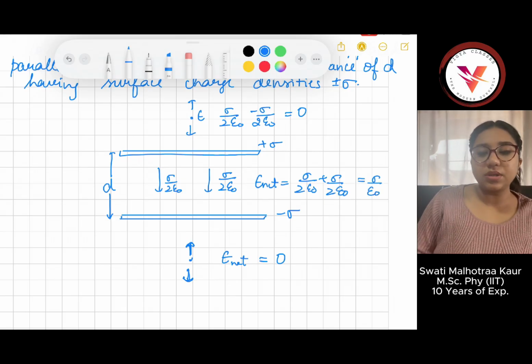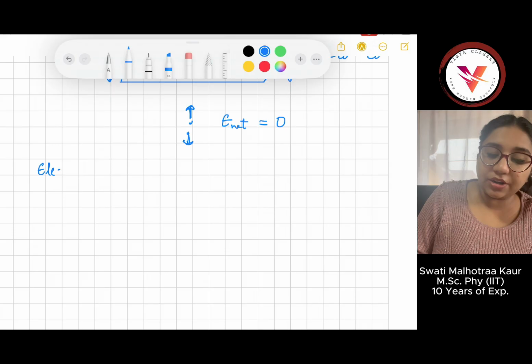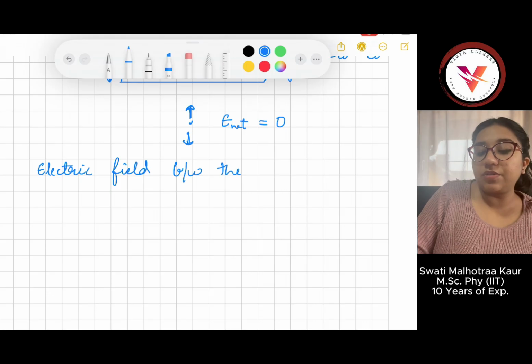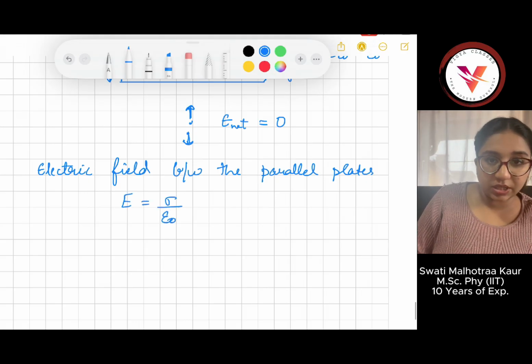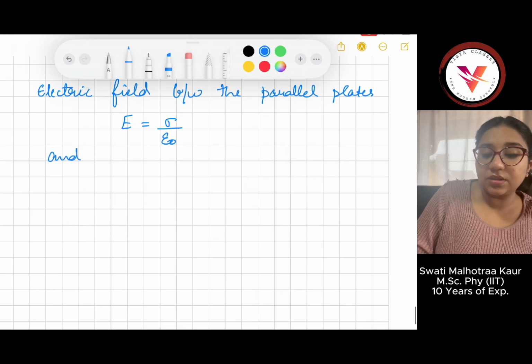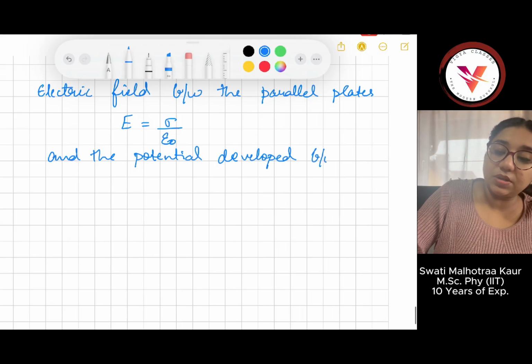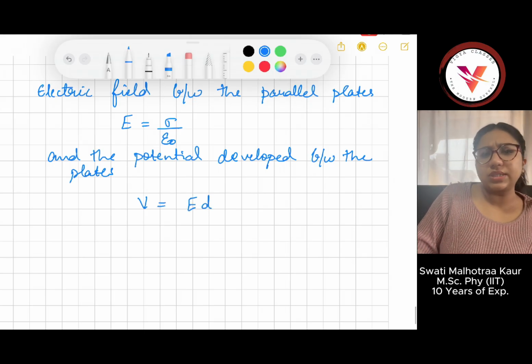Okay, so you can show this in a very neat diagram, and you can also write here that the electric field between the parallel plates is equal to sigma by epsilon naught, and the potential developed between the plates, V, is equal to E d, and we are simply considering the magnitude.